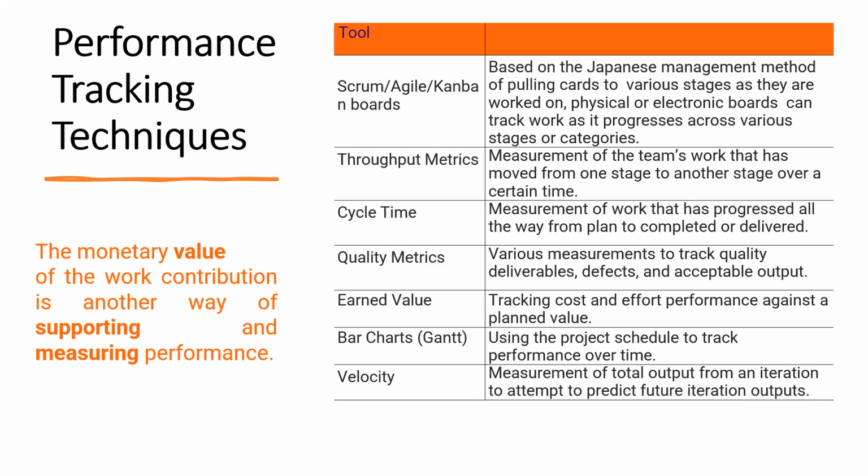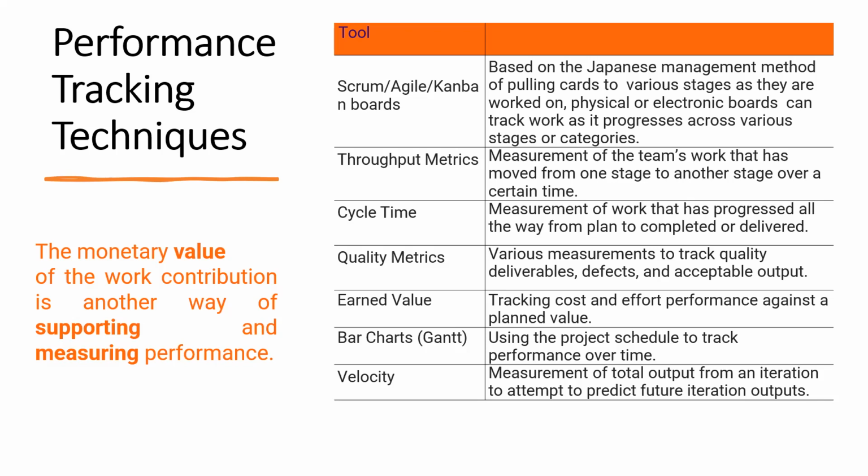So in terms of this training, it's moved from plan, and it will be getting to completion by next week. At the end of next week, that is a cycle time. But right now, it's moved from day 1 to day 5. So throughput metrics measures from one stage to another, while cycle time measures from plan to completion.